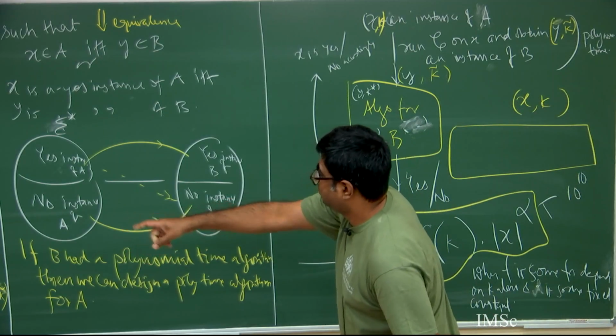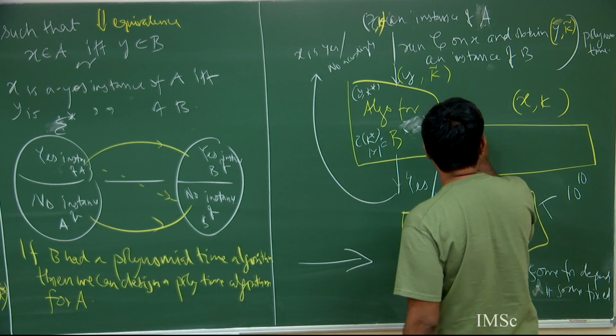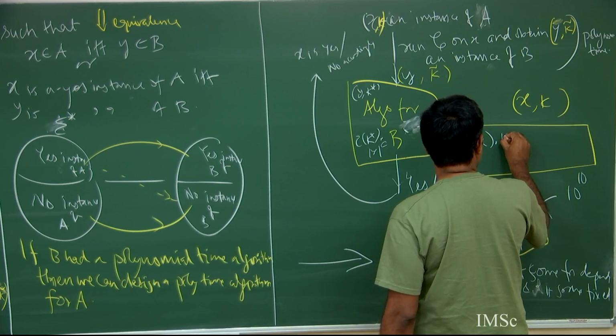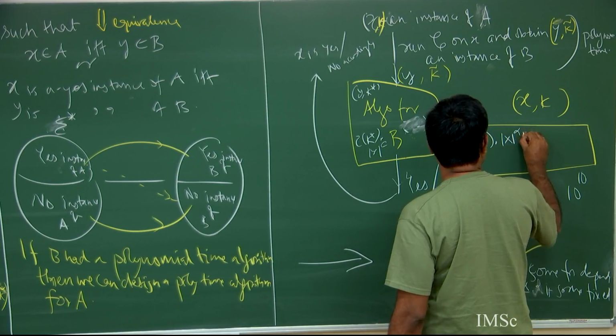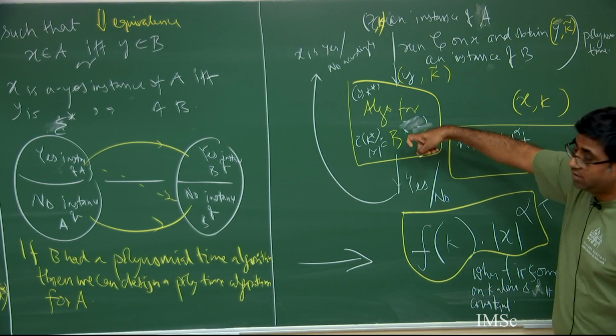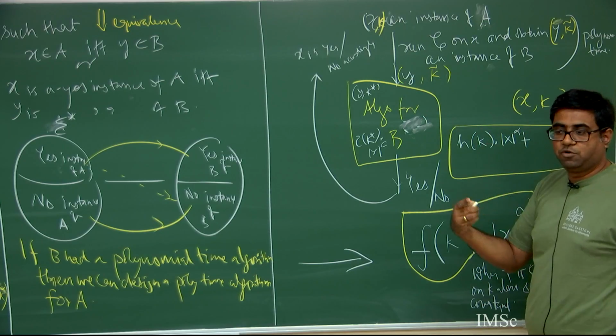Given (x, k), I took time h of k times |x| to the power alpha 1, plus now I am running the algorithm on this instance (y, k tilde). How much time am I going to take?